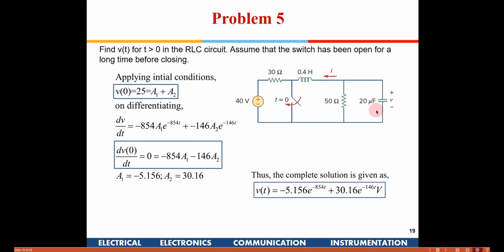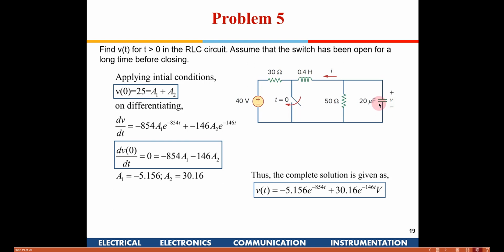Unlike in the previous case, where there was no path for current to flow, so it was forced through the capacitor. But in this case, this switch is placed here, so the initial current will not start flowing through the 20 ohm, because this 40 and 30 has been replaced by a short circuit. So that current will flow in this loop out here. There is an alternate path available, so that current is not going to flow into the capacitor.